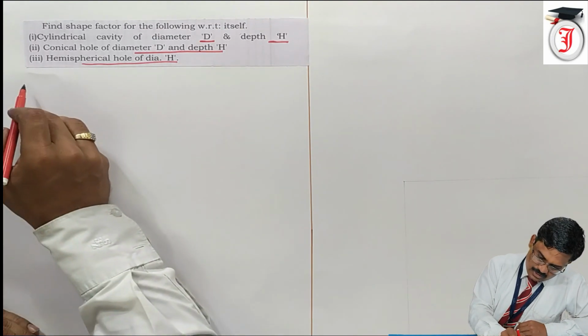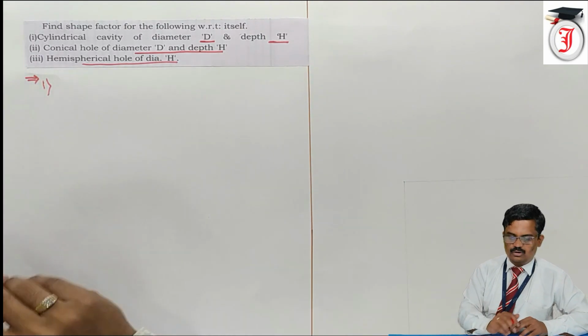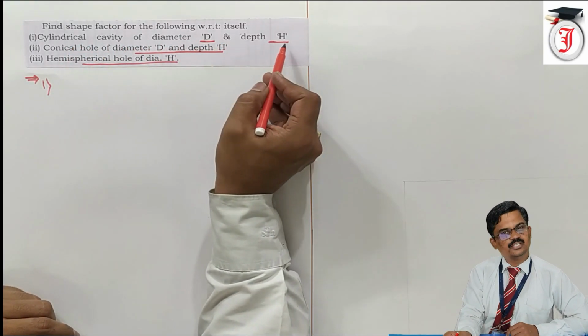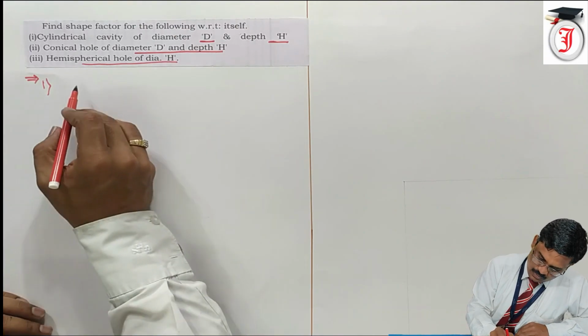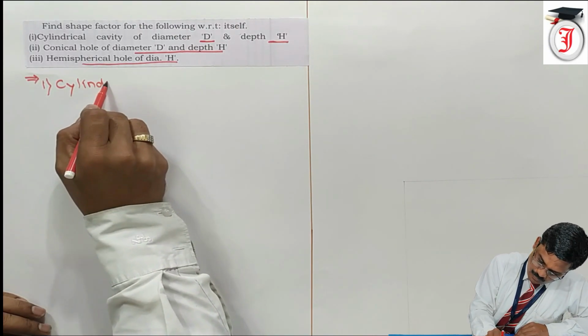So let us first calculate shape factor of cylindrical cavity of diameter d and depth h with respect to itself.